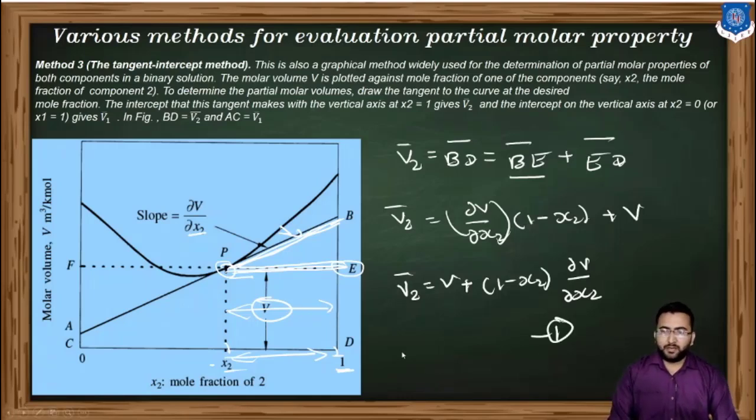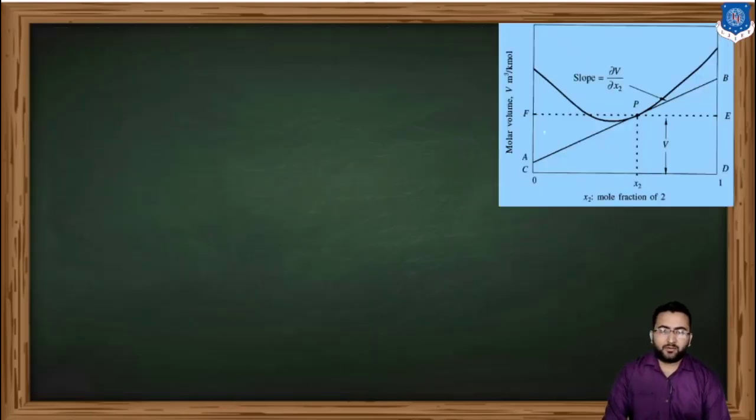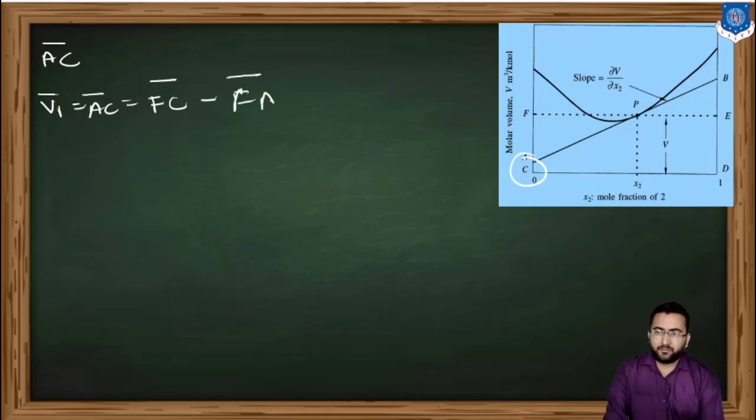Now similarly, let's find it for line AC, which makes this type of triangle A, F and P. The line AC, which gives the partial molar volume of component 1, can be given by line FC minus line FA.